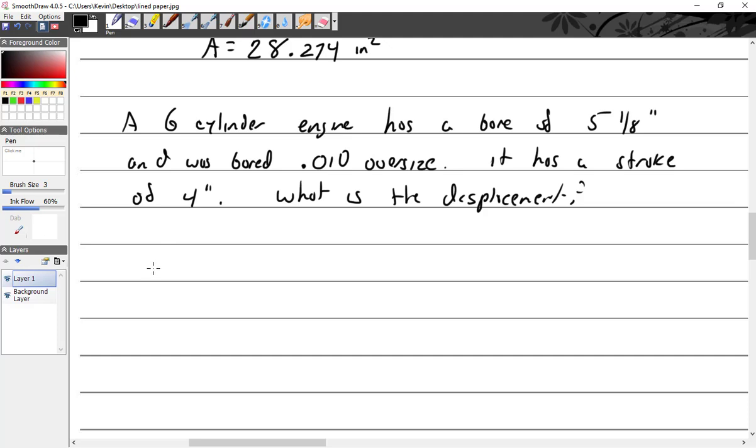I can't really draw a 3D representation, but even if you don't understand engines, I've got a tube with something going up and down inside it. If my water bottle had a little piston in here, and the piston went from here to here, how much water would it push out of the top? That's the displacement: how much fluid is displaced by this piston going up 4 inches.